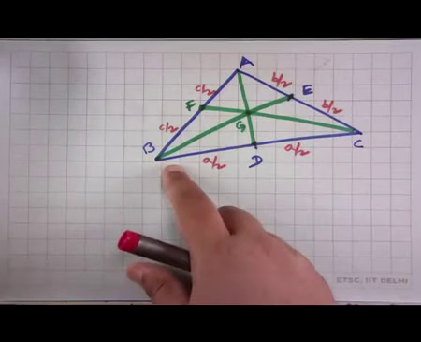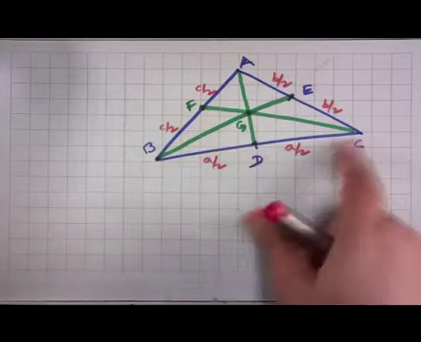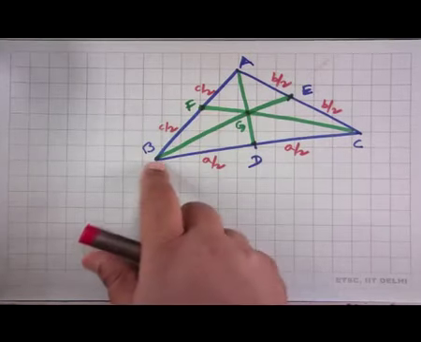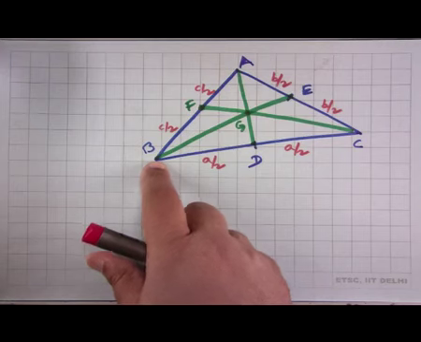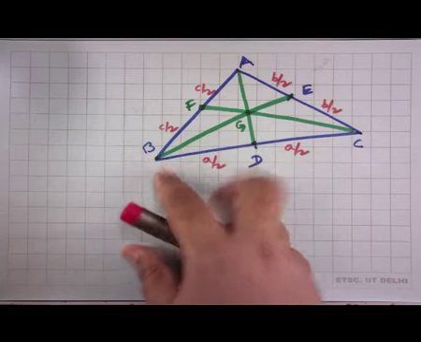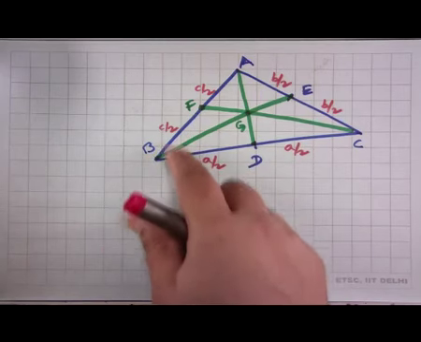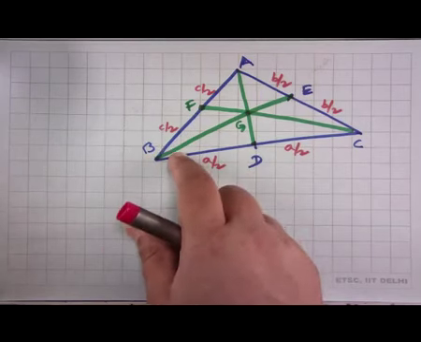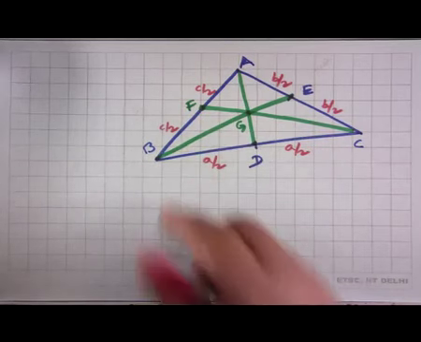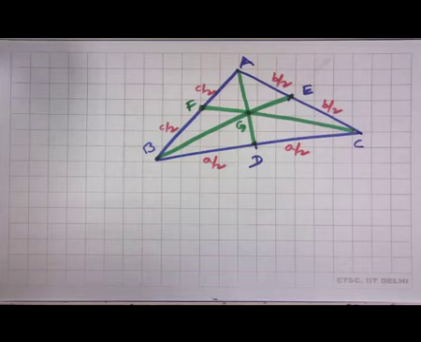So, the idea here is that in any triangle, if we know the value of the angle at a certain vertex, and if we also know the length of the sides which are common to that angle, then using the cosine law we can find the length of the side which is opposite to that angle, and for that we use the cosine law.